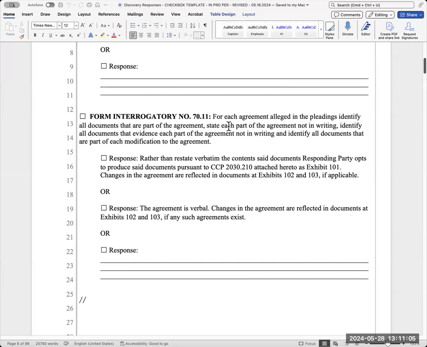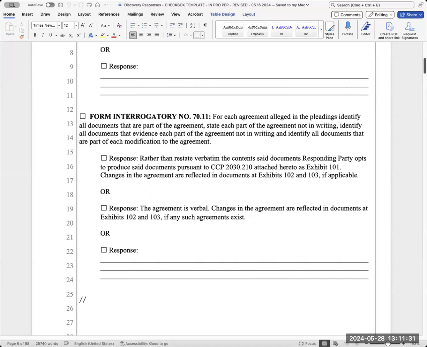Sometimes things are discussed verbally, but there's tangible evidence of those agreements because people write to each other. Sometimes a landlord will write something about the new agreement some way, or the tenant writes something to the landlord, a text, an email, etc., that addresses the change. That's evidence of that change of agreement.